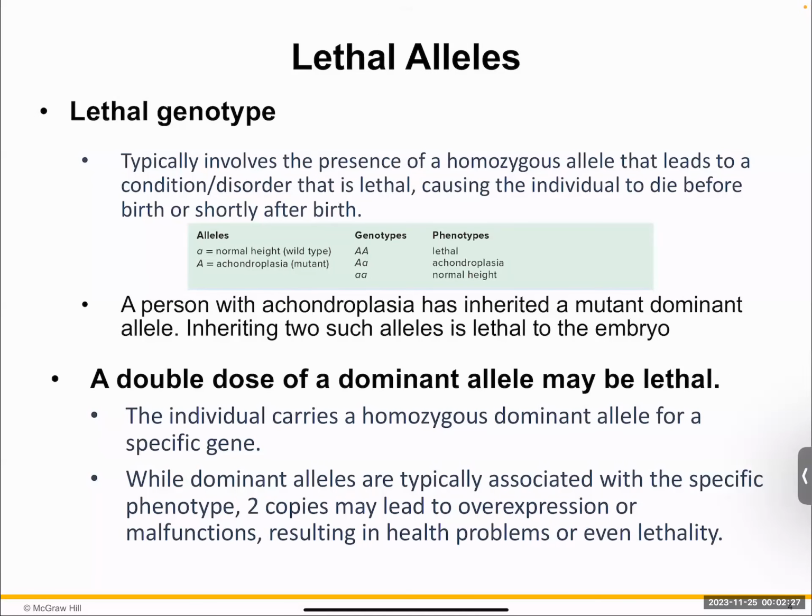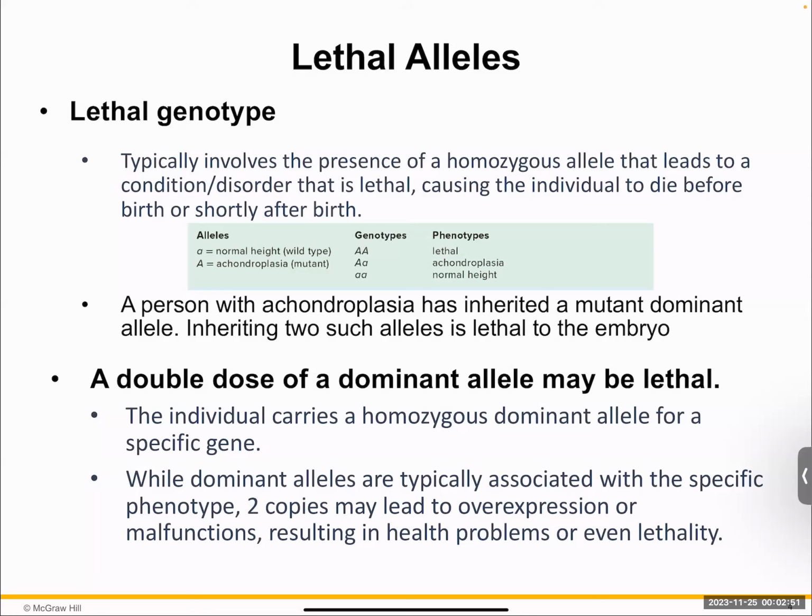One of the first vocabulary words we want to learn is lethal alleles. As the word lethal implies, if you have a certain combination of alleles passed on to the offspring, that leads to the offspring being killed off or unable to reproduce as a result of dying shortly after birth.